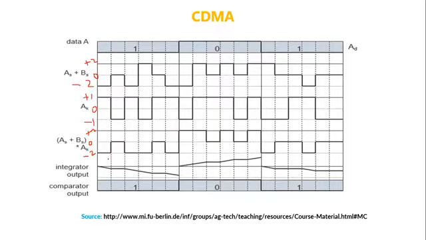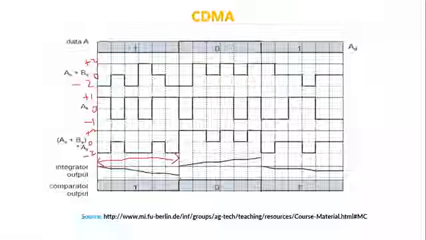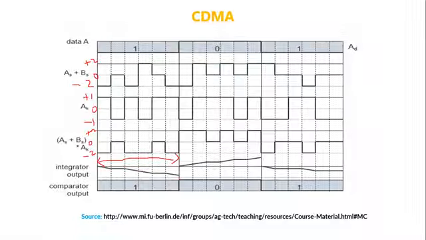For the first data, you will get an output something like this, which means the signal starts high and then goes down. For the second case you are getting something like this, and for the third case like this. The comparator will convert this to 1, this to 0, and again this to 1.